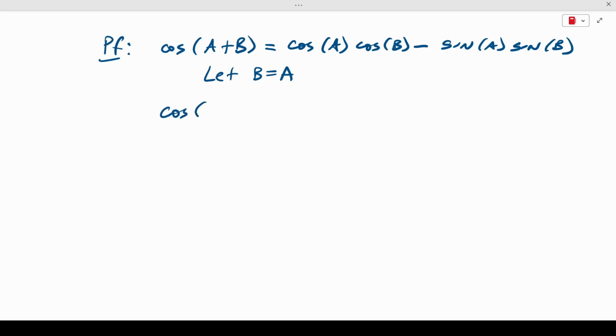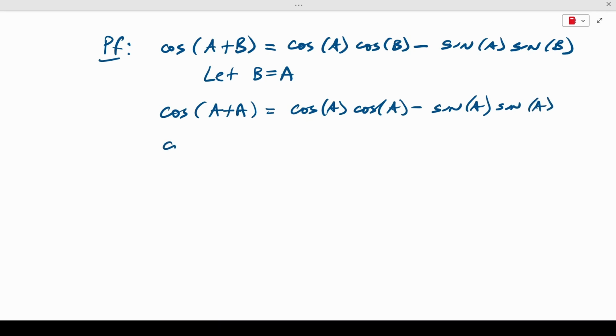So I now have cosine of A plus A, that's 2A, is cosine of A cosine of A minus sine of A sine of A. So I have cosine of 2A equals cosine of A squared minus sine of A squared.